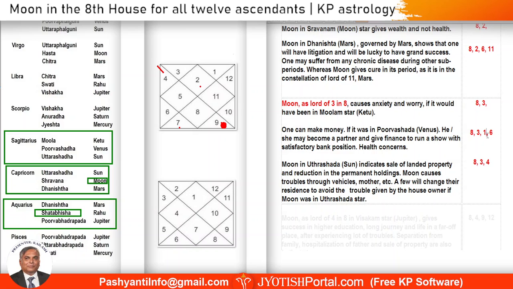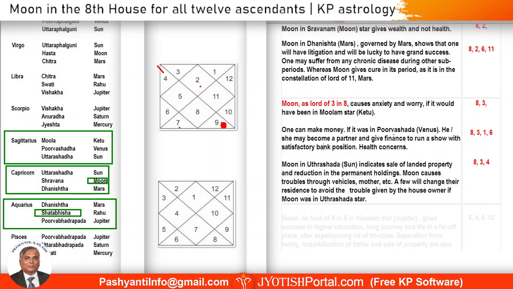One might at the same time be having some concerns on the health side, but at the same time, there could be some activities that could be bringing in some money. And then he has mentioned becoming a partner and giving finance to run a show with satisfactory bank position. So the eighth house is also about receiving money, giving money.